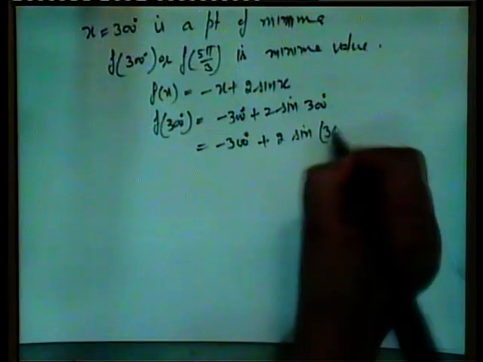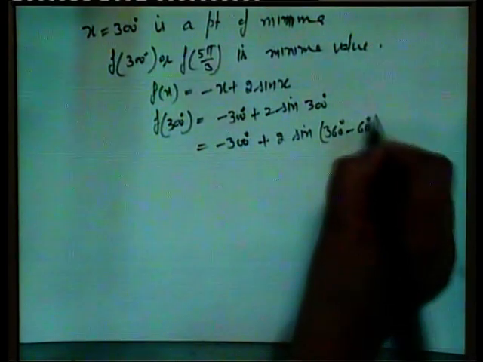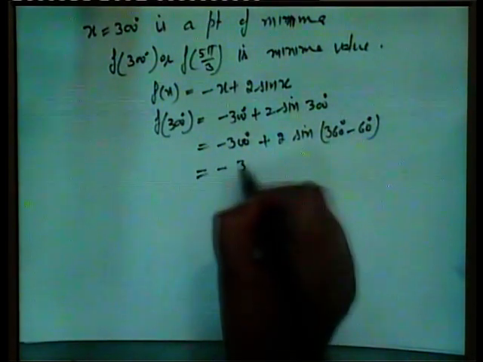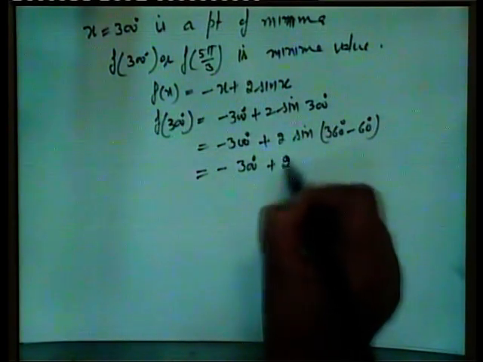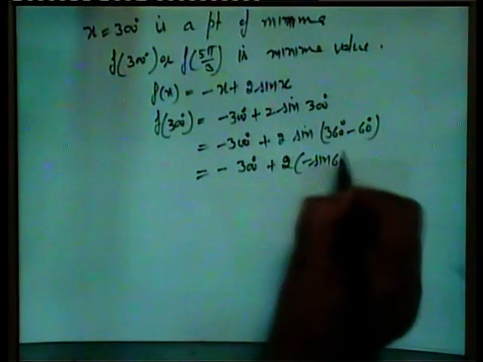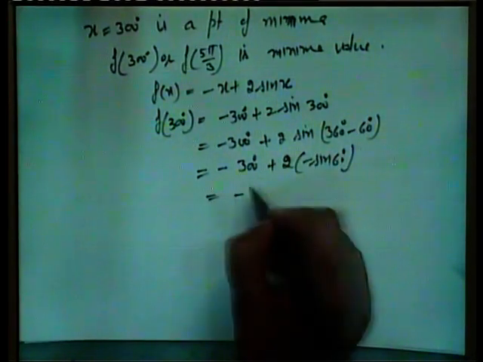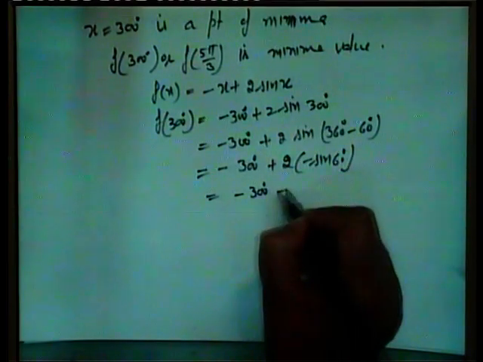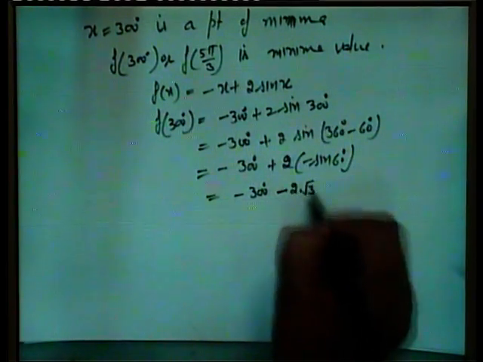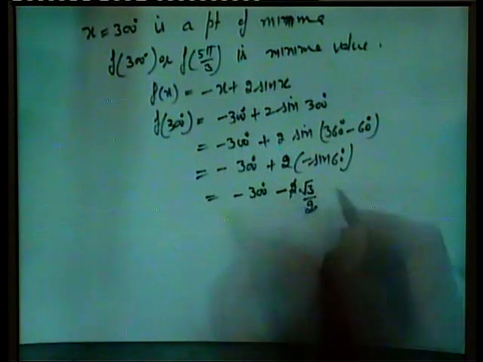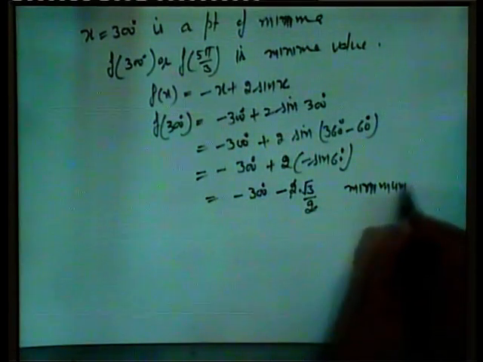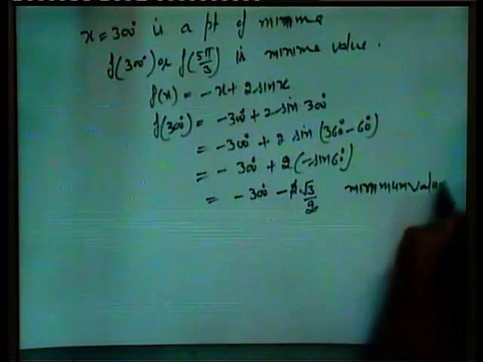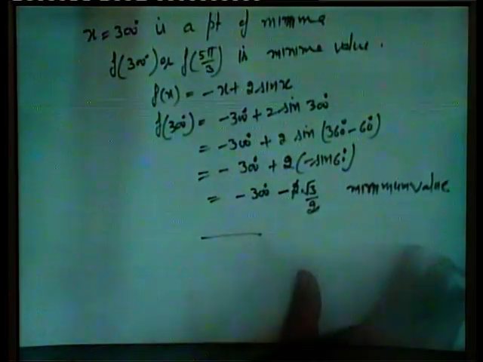We can write 300 as 360 minus 60, which is equal to minus 300 degrees plus 2 times minus sin 60 degrees, equal to minus 300 degrees minus 2 sin 60, the value is root 3 by 2. This is our minimum value.